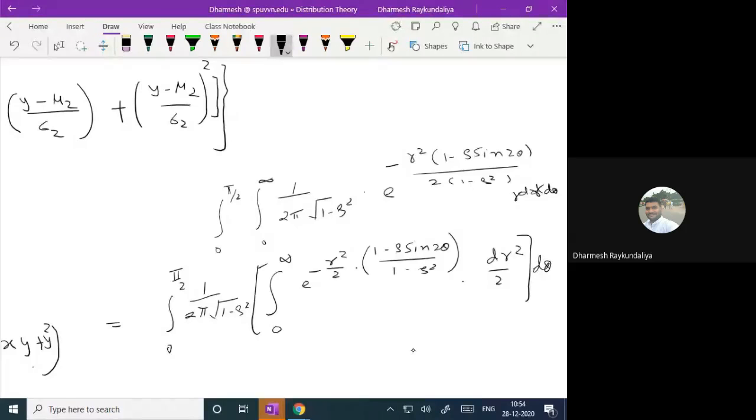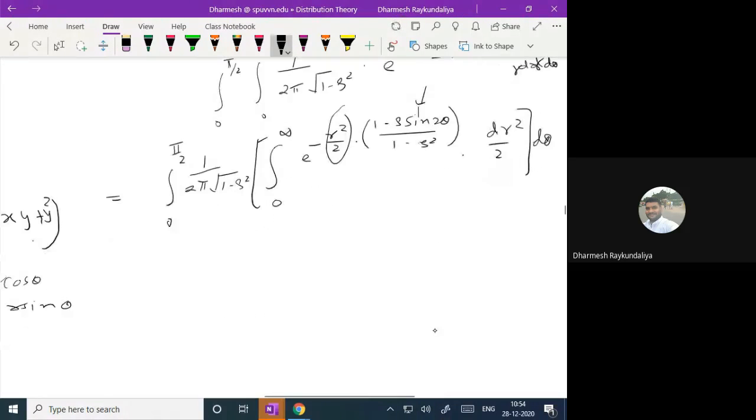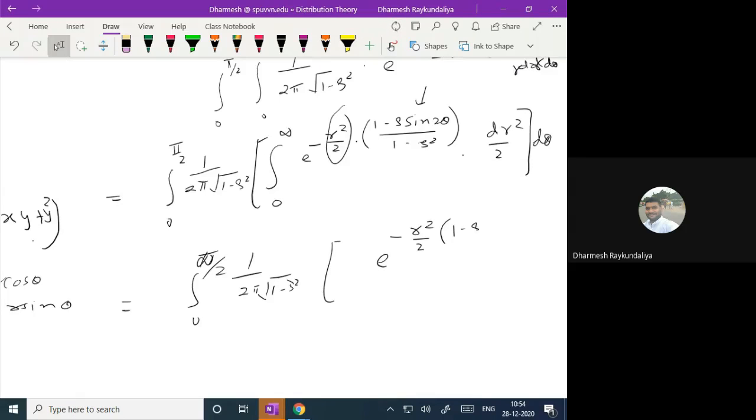So now if I say this is x and this is a, so e raised to minus ax. What happened? Integration from 0 to pi by 2, 1 upon 2 pi square root of 1 minus rho square, and the integration of this is nothing but e raised to minus r square by 2 times 1 minus rho sin 2 theta upon 1 minus rho square, divided by a, that is e raised to minus ax upon a. So what is a?